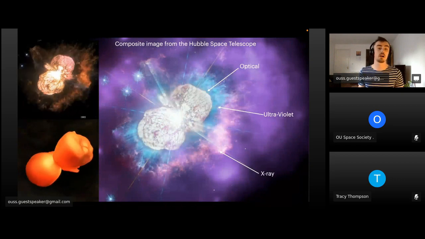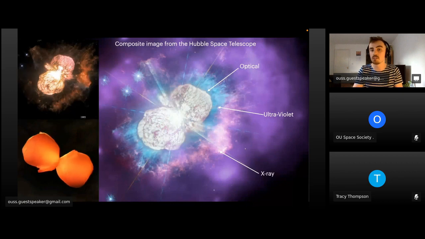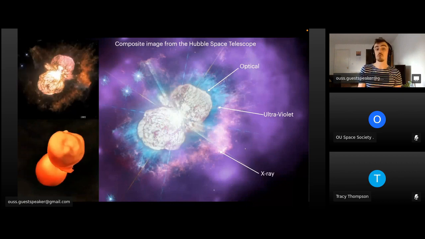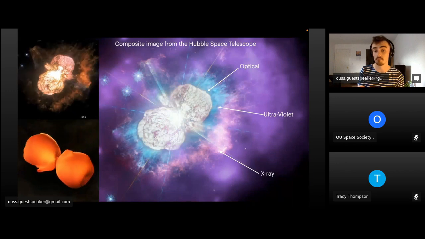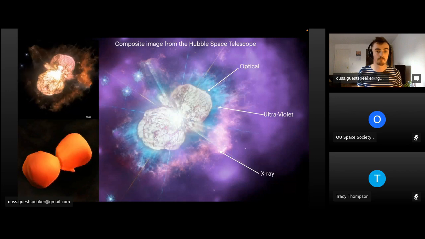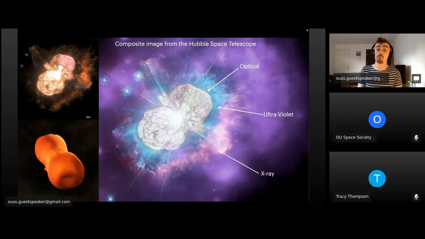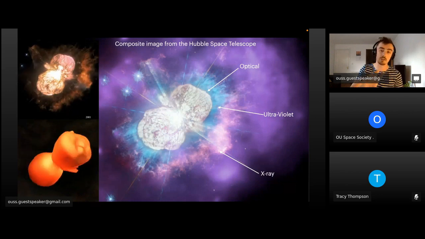So this was a star that, obviously, you can see these pictures from Hubble in your center screen, underwent some type of explosion that pushed it out of some steady state. But we know for a fact that the star has survived. So on the right-hand side here, I have a composite image.